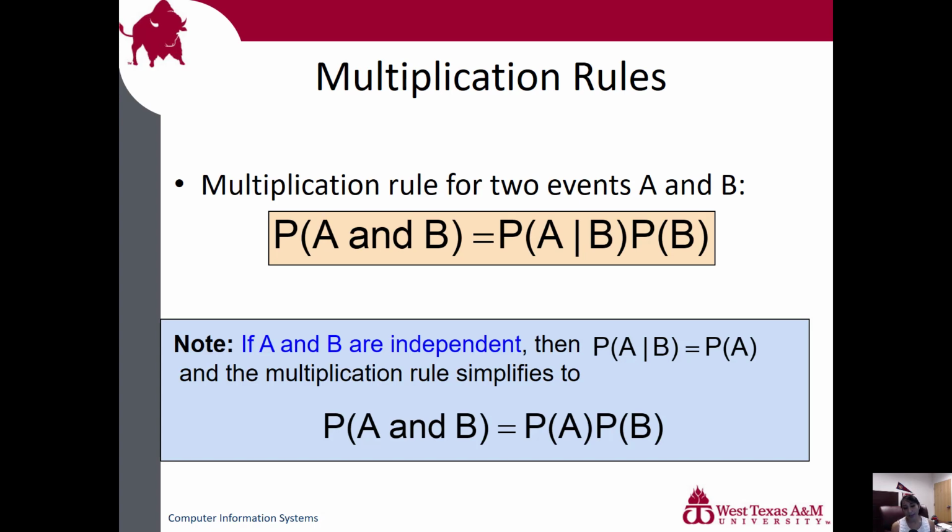We can also find the probability that two events occur together. Now, what I would like you to know is that if A and B are completely independent, then for the probability of those two events occurring, all you have to do is multiply those two probabilities together. So here's an example.